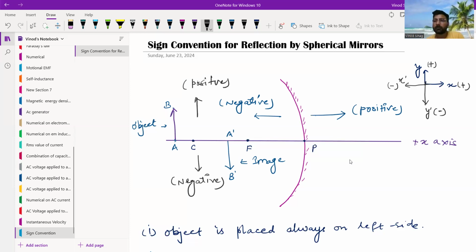For the arrangement of the coordinate system, or the sign convention, we place the mirror on the y-axis like this. So the pole will be at the origin, and as we take measurements in mathematics, the positive side of the x-axis will give us positive values, and the negative side of the x-axis will give us negative values. Similarly, the positive y-axis will give us positive values, and the negative y-axis will give negative values. Okay, so that's all about the sign convention.